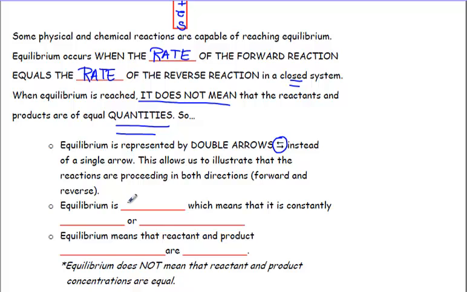Equilibrium is dynamic, and that's why we say dynamic equilibrium. It is dynamic, which means that it is constantly changing or fluctuating in either direction.